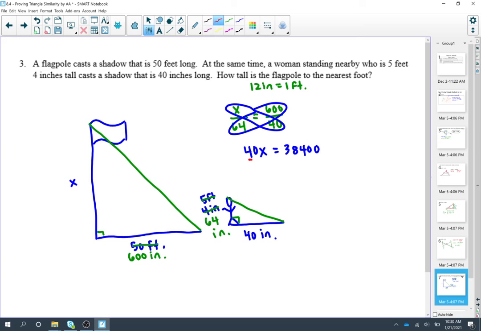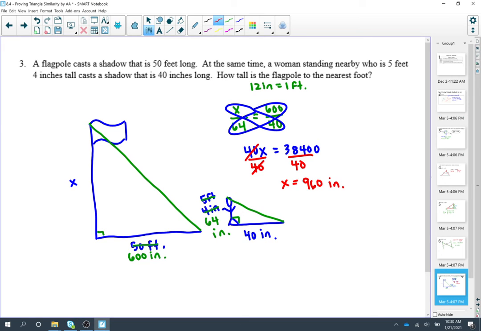Then we divide both sides by 40. So x equals 960, but keep in mind this is all in inches.